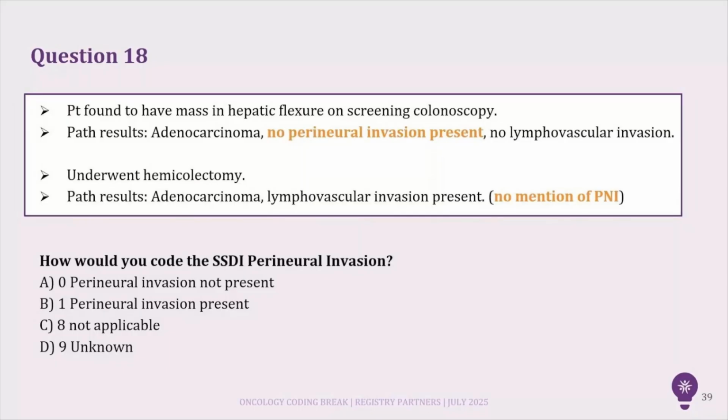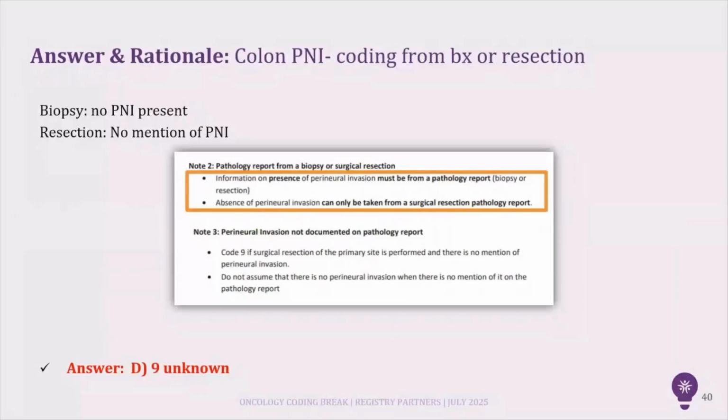It tells us under note 3 that the information on the presence of perineural invasion must come from the biopsy or resection, but the absence of perineural invasion can only be taken from the resection. So even though we have a negative perineural invasion on the biopsy, we cannot use that. We have to have it from the surgical resection, which there was no mention in this case, so we're going to have to code 9.